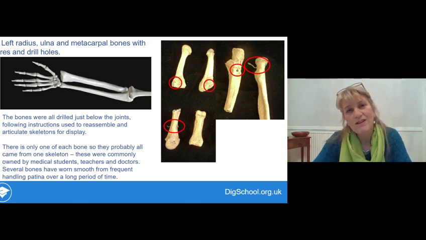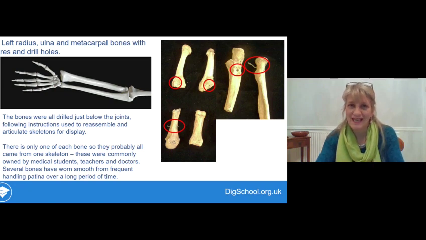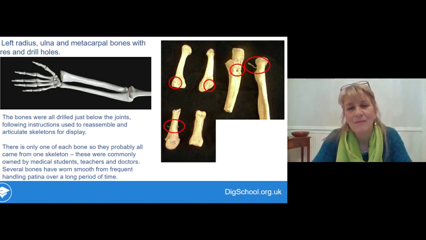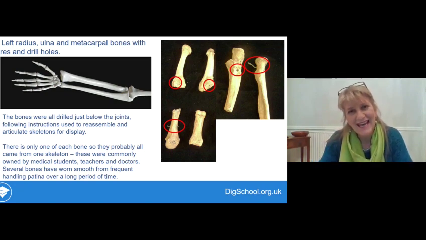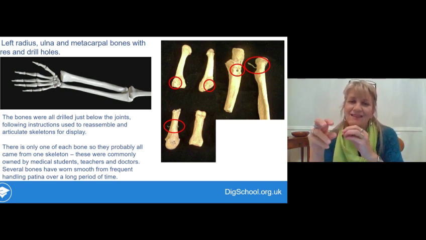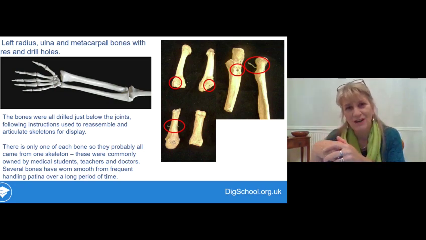There's only one of each of these bones, so they probably all came from one skeleton. It suggests that somebody owned a single display skeleton. Several of these bones, again, are worn quite smooth, suggesting they've been handled over a long period of time.